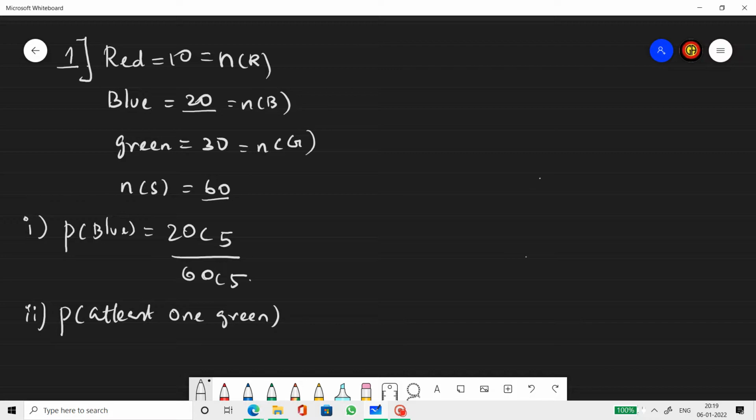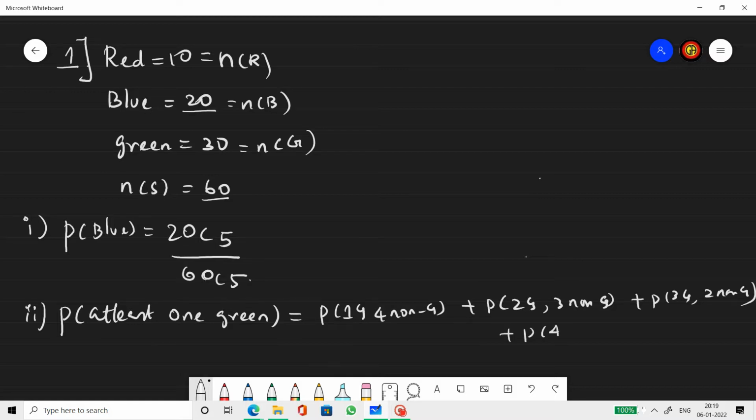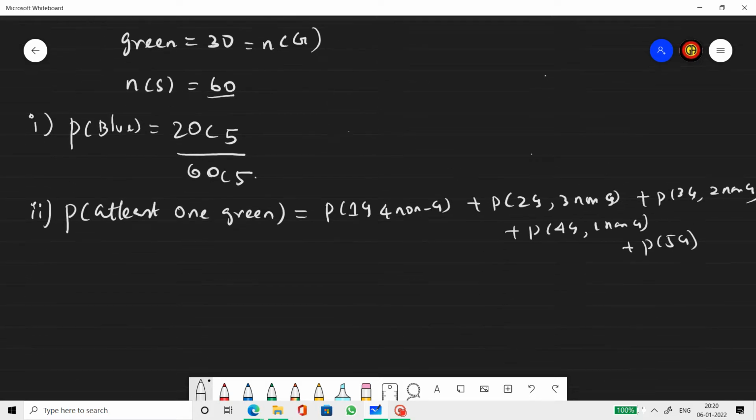So here, if you have to do it exactly the way it is asked, then you have to have many combinations, like one green and 4 non-greens, plus 2 greens, 3 non-greens, plus 3 greens, 2 non-greens, and so on. 4 greens, 1 non-green, plus 5 greens and no non-greens. So there will be 5 cases to it, which is definitely hard to solve.